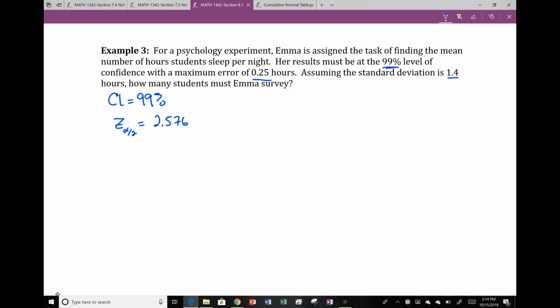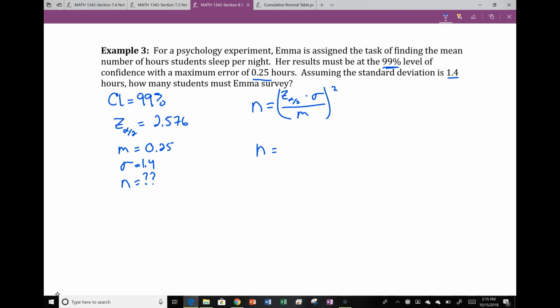We want a maximum error, so our M is 0.25, and our standard deviation is 1.4. We want to find our sample size. So this is what we're looking for. Our sample size is our z alpha divided by 2, times our standard deviation, divided by that margin of error, all of that squared.